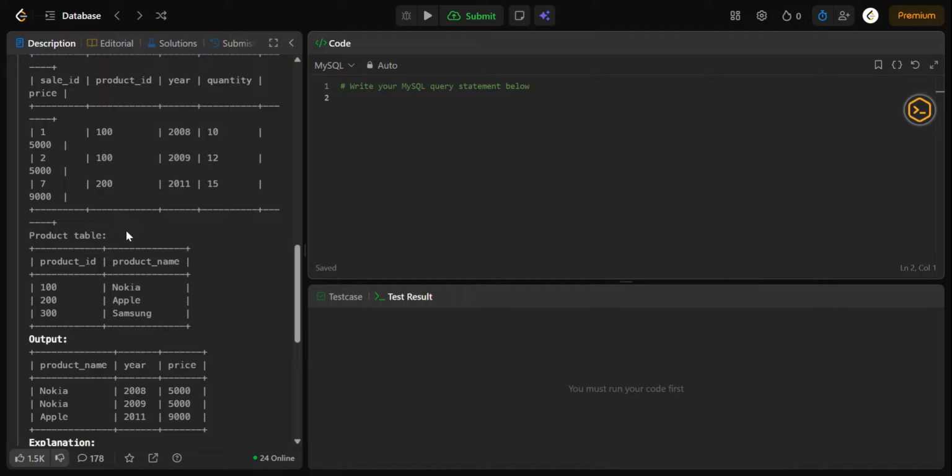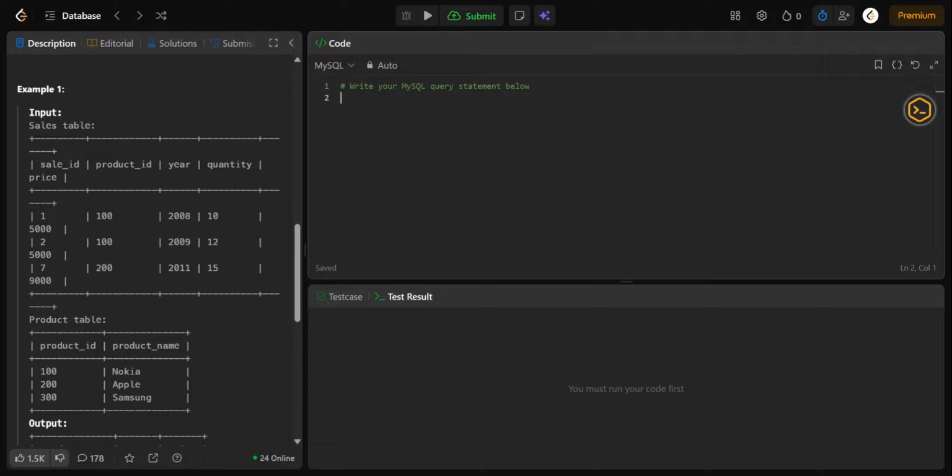So notice something important here. The sales table doesn't contain the product name. It only has the product ID, as you can see.